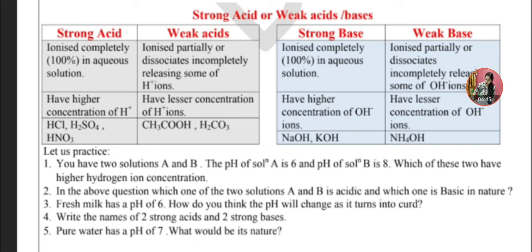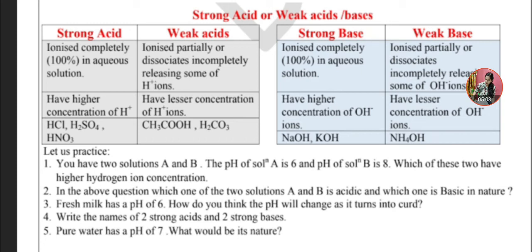Second, in the above question, which one of the two solutions is acidic and which one is basic? Very good. A is acidic because its pH is less than 7, and B is basic because its pH is more than 7. Fresh milk has a pH of 6. How do you think the pH will change when it turns into curd?